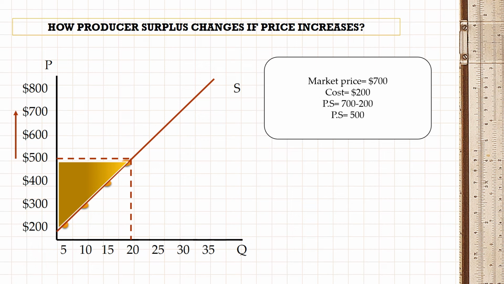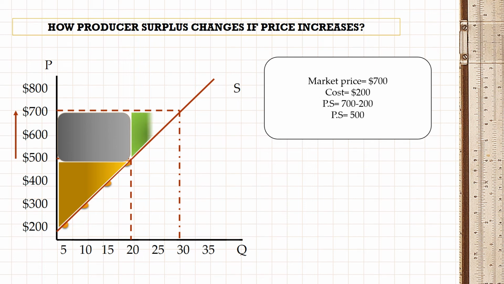Now here, what happens to your producer surplus? 700 minus 200, your producer surplus has increased to $500. So all the shaded area is your producer surplus. But being specific, this gray rectangle is the producer surplus due to the increase in market price, because previously your producer surplus was $300. Now it's $500.